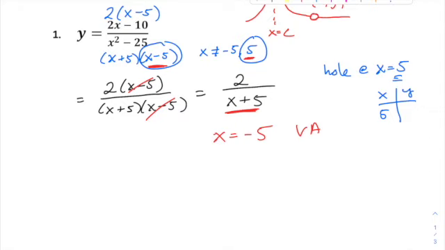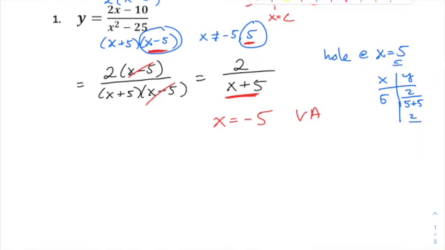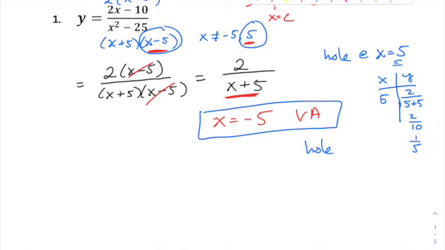Plugging in 5 gives you 2 over 10, or 1/5. So our vertical asymptote is at x equals negative 5, and our hole is at (5, 1/5).